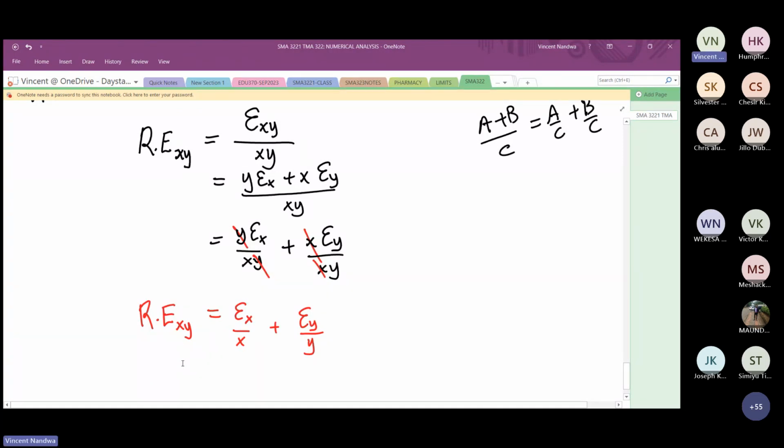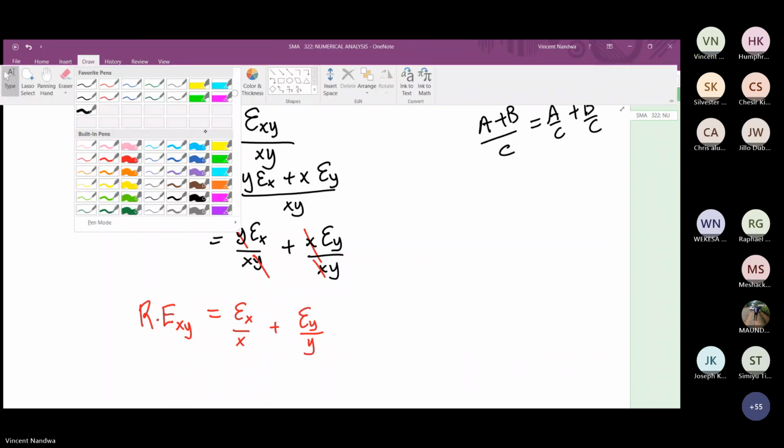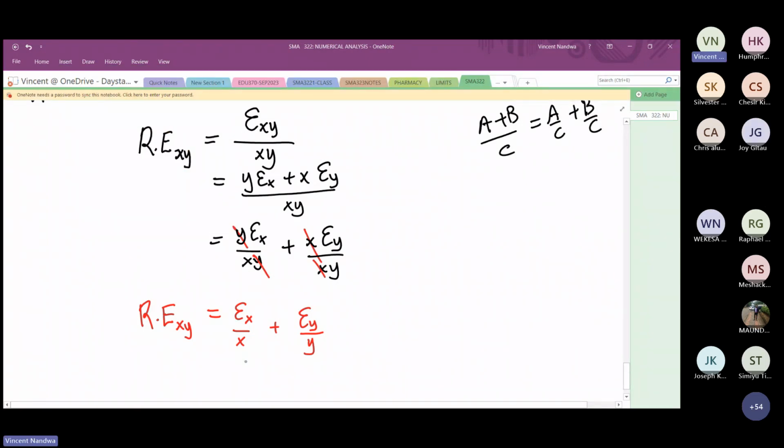Then going back to the definition, what do we define the quantity error in x over x as? Relative error in x. Correct. And this other quantity? Relative error in y. Correct.